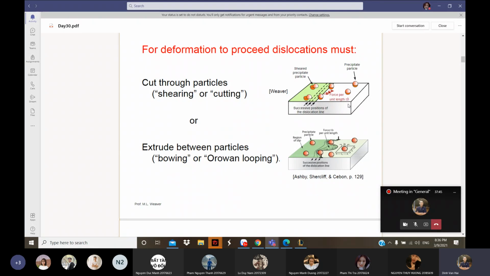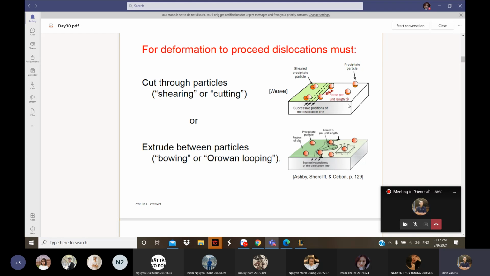He created some theory, not only on the looping issues of dislocation through the particle, but also he proposed some theory to calculate the toughness of brittle materials, and we will talk more when we study about fractures.